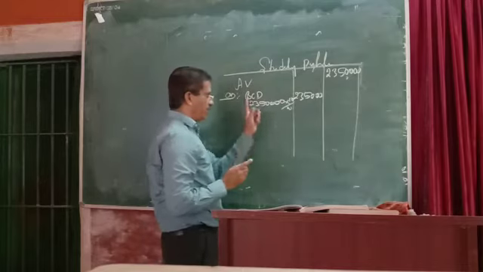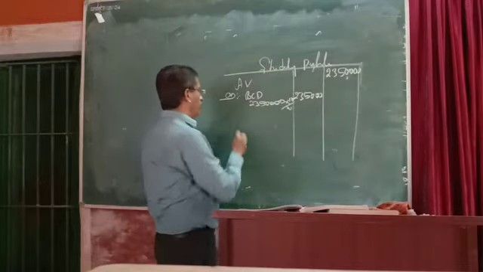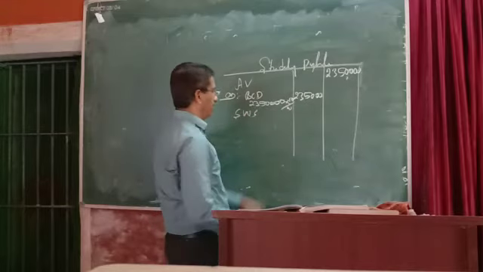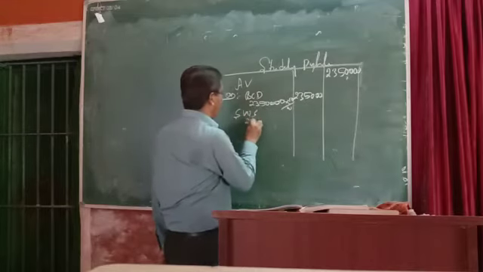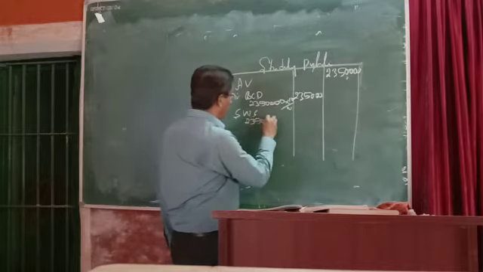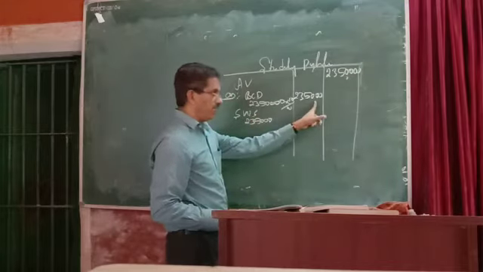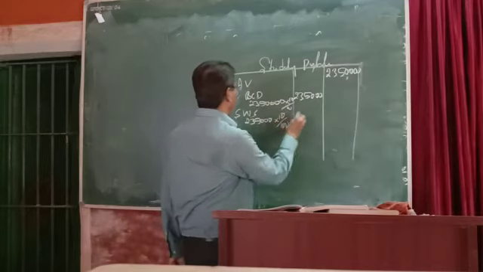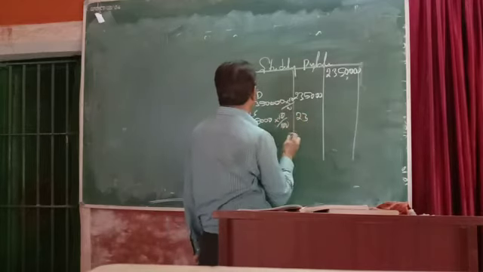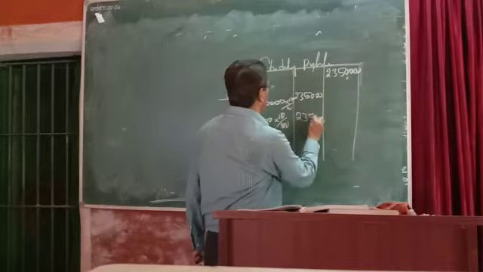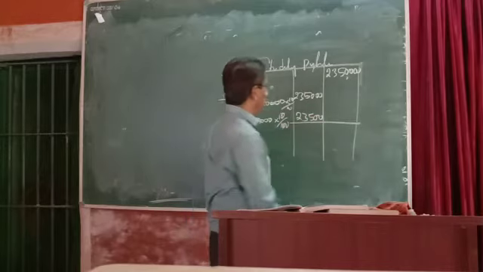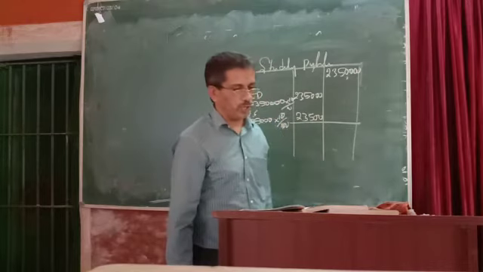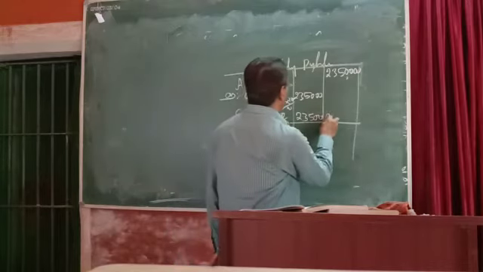One more thing, if there is a BCD, you are supposed to give social welfare surcharge 10%. Social welfare surcharge 10% on whatever the BCD we got. 10% should be 23,500. Nothing else. Do the total, put it in the outer column.